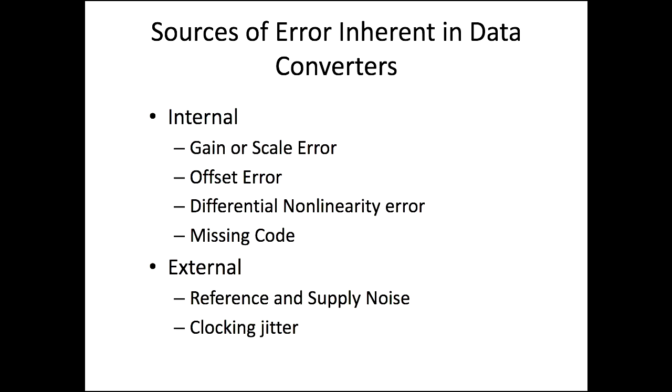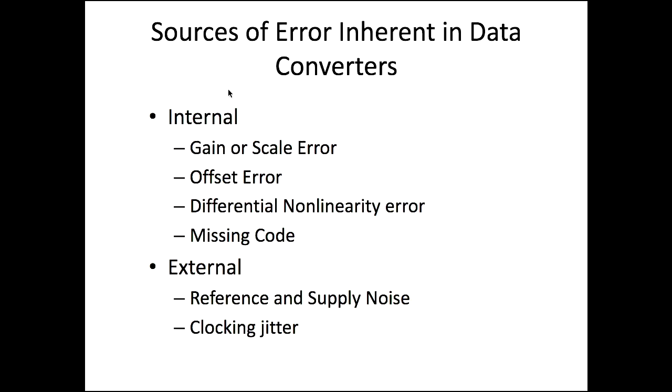Then you might ask, what are the sources of error inherent in data converters? There are so many errors when you design an ADC. Internal to the ADC: gain or scale error, offset error, differential nonlinearity error, missing code. External: reference and supply noise, clocking jitter. Some of these you can fix with a better board, but some you can't fix.